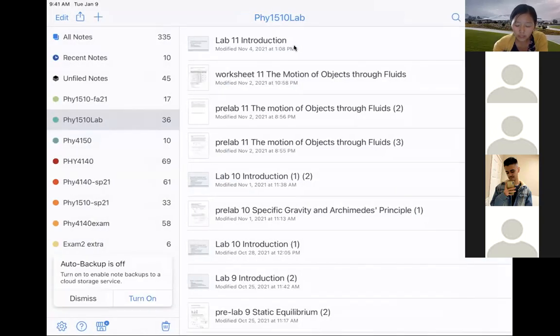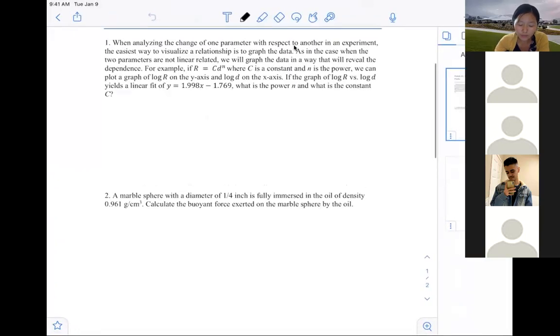Let's take a quick look at our pre-lab. We try to do a little bit of practice here. This relationship is exactly what we showed you previously. What if something is c times d to the power of n? Instead of graphing r versus d directly, we are going to graph log of r and log of d.